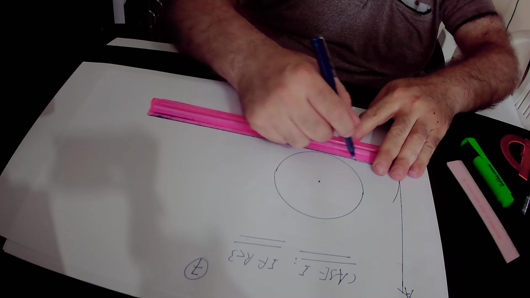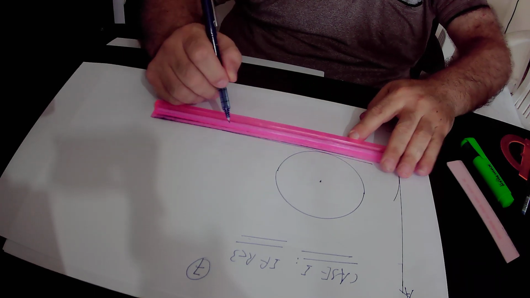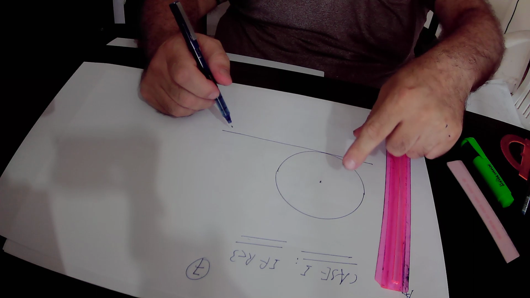We know that the side length of the square is equal to 3 units, so here it will be higher than the radius.